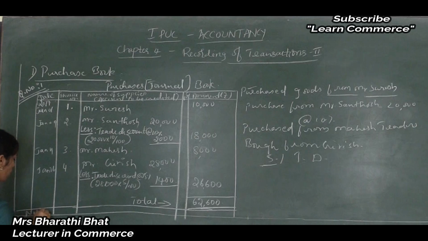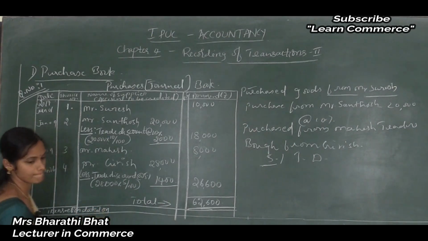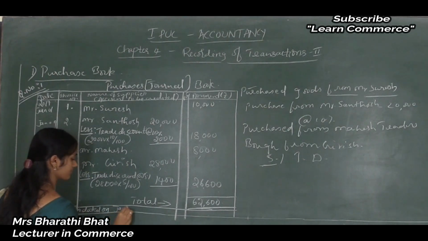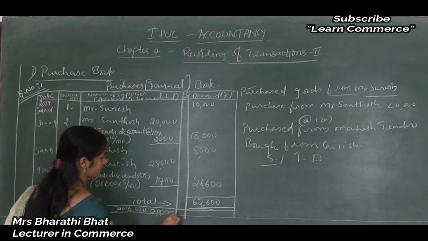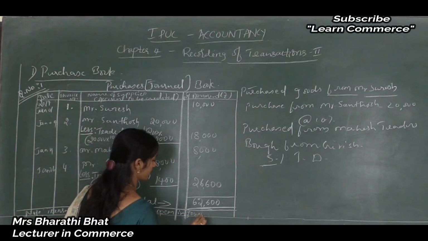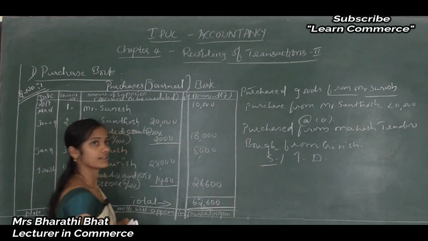And the next final step, close the account and give a note: transaction dated Jan 16 will appear in journal proper. Got it?